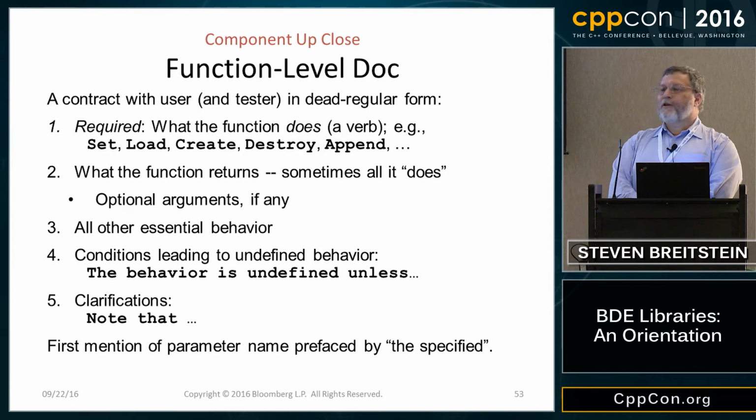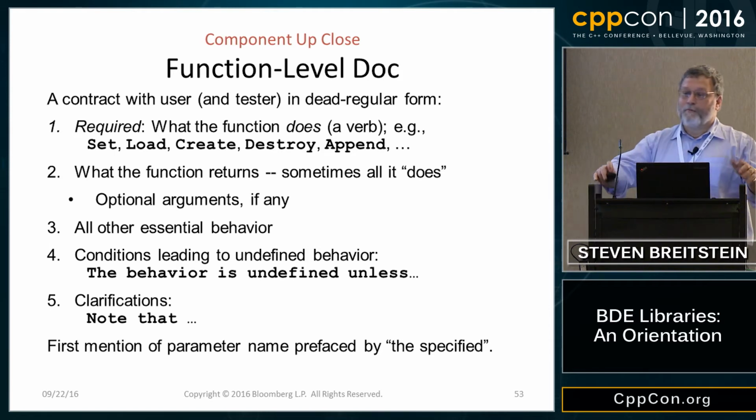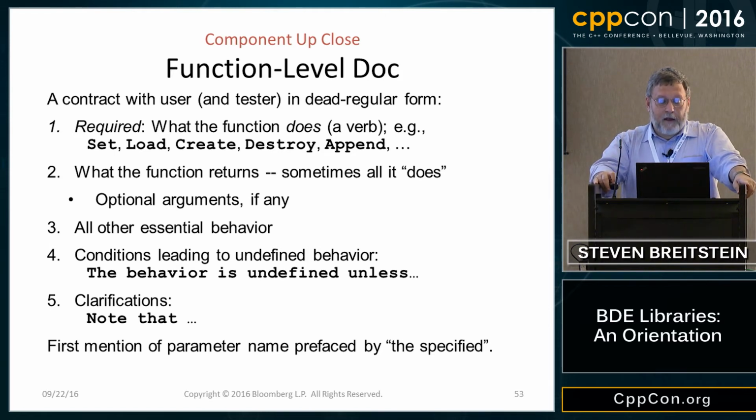In that case, you'll be in trouble if that changes. Only the explicitly listed behavior is something you can rely upon. Next, conditions leading to undefined behavior, so the preconditions for the method.